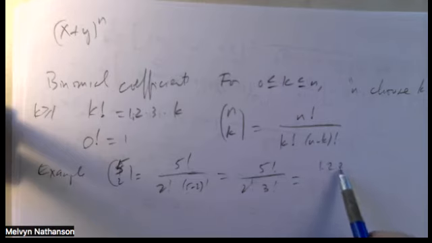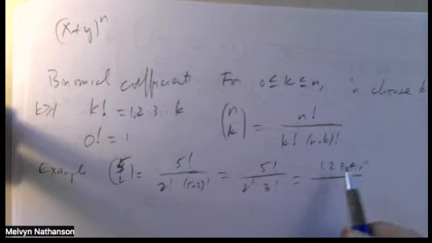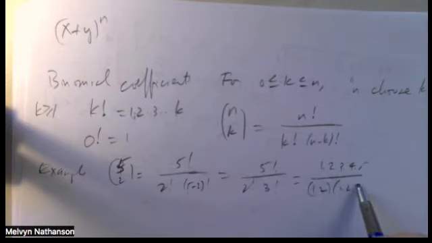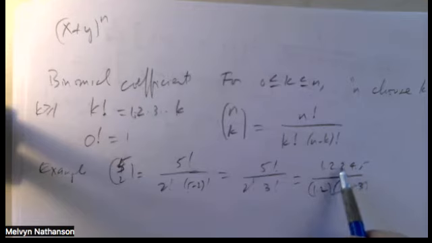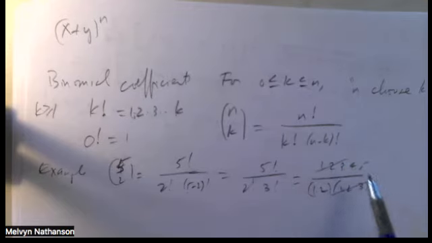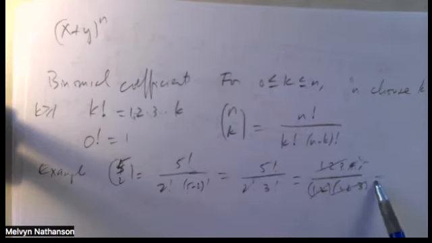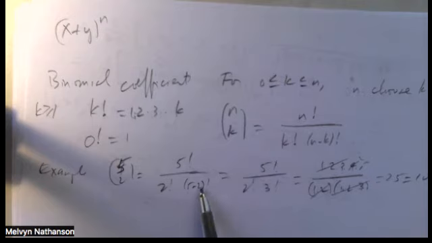This is 1 times 2 times 3 times 4 times 5 over 1 times 2 times 1 times 2 times 3. I can multiply out and divide, or I can just cancel: 1 times 2 cancels, 1 times 3 cancels, 2 into 4 is 2, so I get 2 times 5. So this binomial coefficient 5 choose 2 is equal to 10.